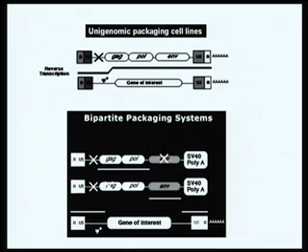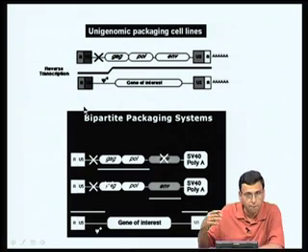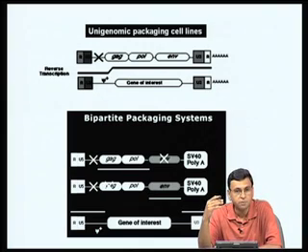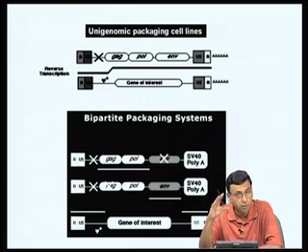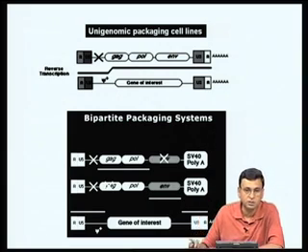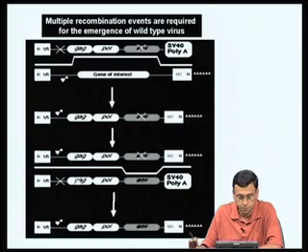Like I said, you replace a viral LTR with a mammalian promoter and so on. So a number of safety features have been incorporated so that the chance of a wild type retrovirus emerging out of these packaging cell lines is very, very minimal. So they become very safe, and such viruses can now be used not only for expressing genes in mammalian cells in culture, but also successfully for human gene therapy.